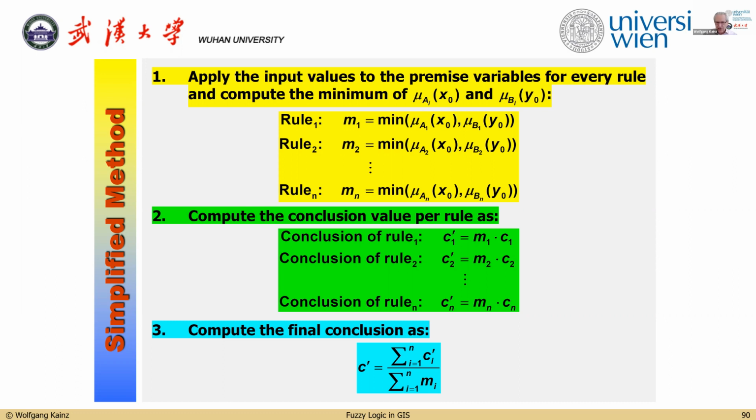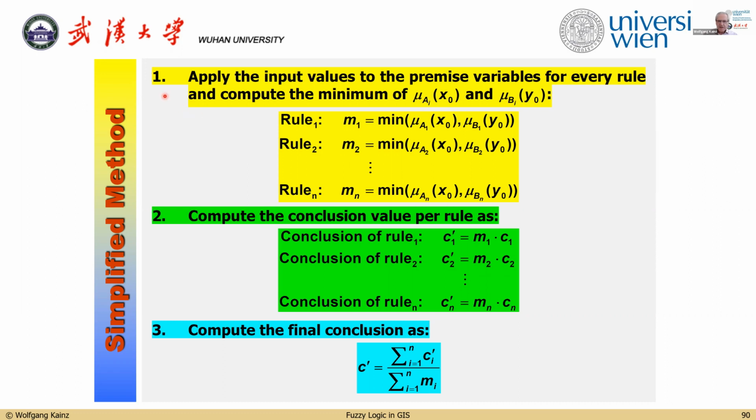This reduces our steps to 3 because in step number 2 we do not get fuzzy sets, we already get values. So that reduces our algorithm, or our recipe, to 3 steps only.